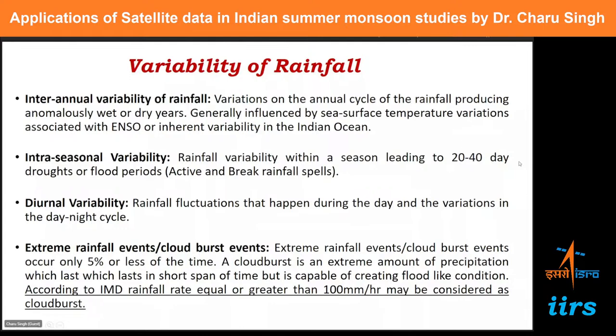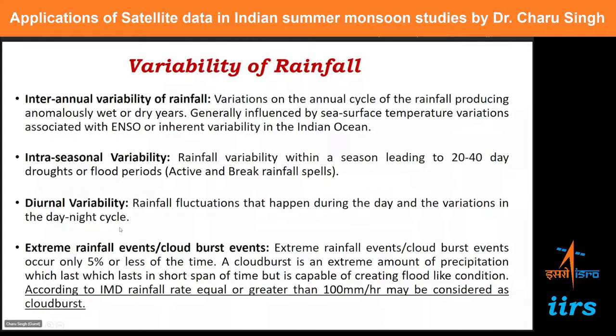So we call them periods of active and break spells associated with 20 to 40 days periodicities. Now we have diurnal variability. Diurnal variability is basically the rainfall fluctuations that happen during the day and the variations in the day and night cycle.